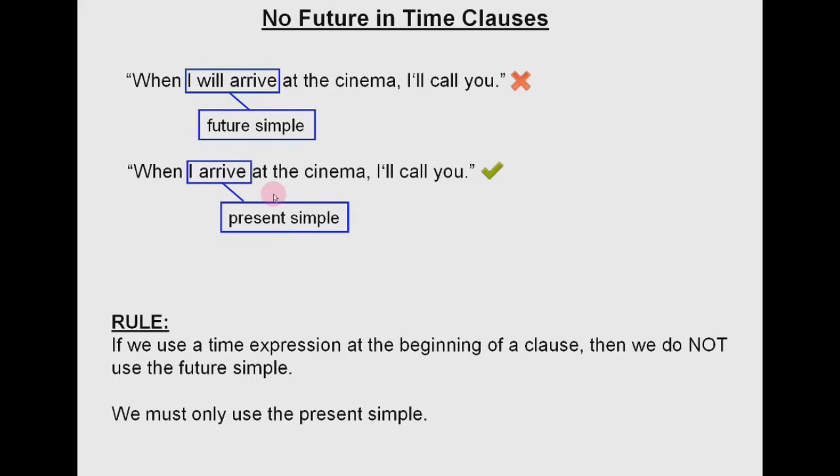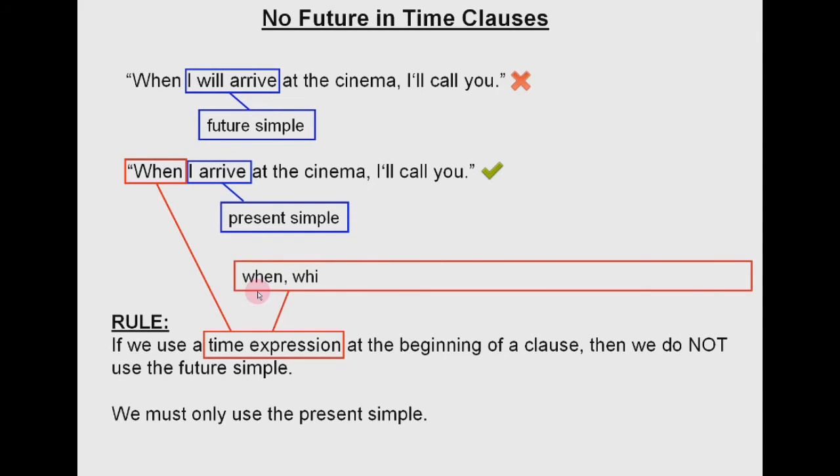So even though we are talking about the future here, because we have started the clause with a time expression like the word when, then we must use the present simple to talk about the future. So this is a time expression, and there are a few others, and here is a list of the common time expressions.